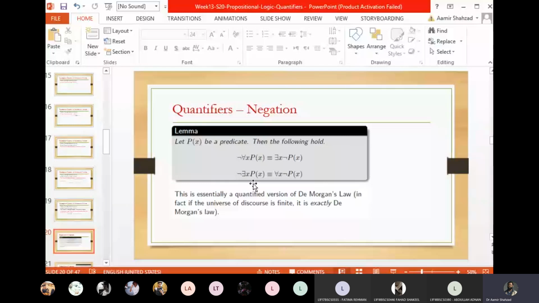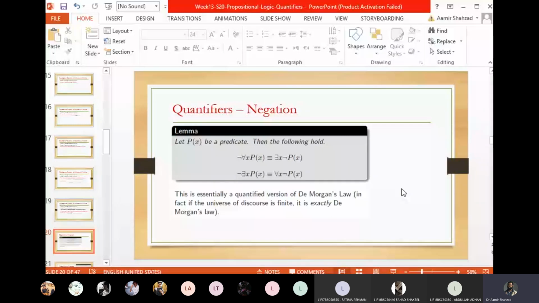I mean, for all values p of x is going to fail, then it means we didn't find any value for which p of x is true. So existential quantifier की negation हो गई. So it means for all x, p of x is going to fail. So we couldn't find even a single x for which p of x is true. So it is negation of existential quantifier.